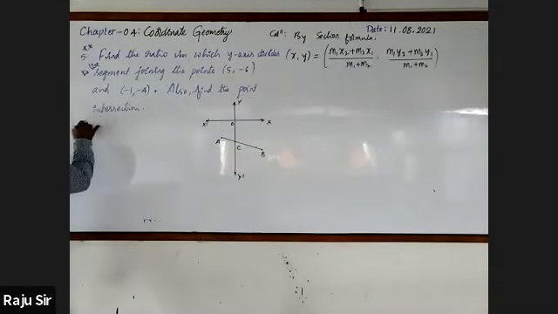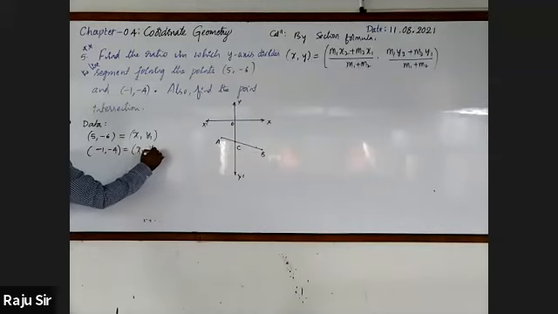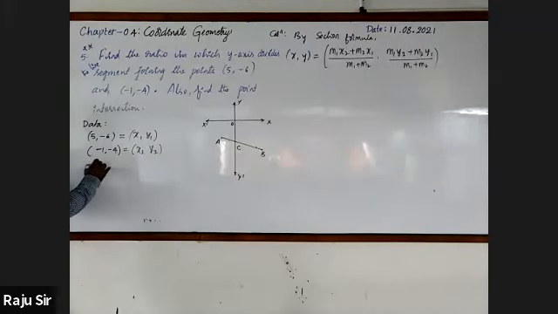Let us write the data. The first point is (5, -6); you may call that x1, y1. Then (-1, -4) is x2, y2. Next, have I given x comma y?